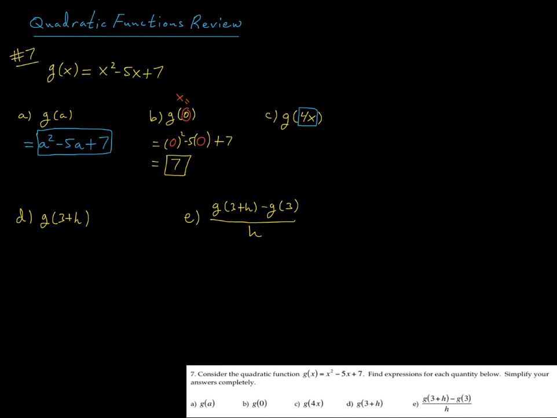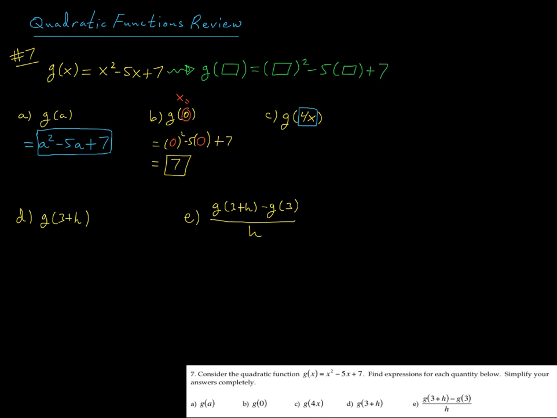x with 4x. Okay, so on this note, when you see a function rule like this, g of x is x squared minus 5x plus 7, more generally, we can say that g of anything is equal to that anything squared minus 5 times that anything plus 7.